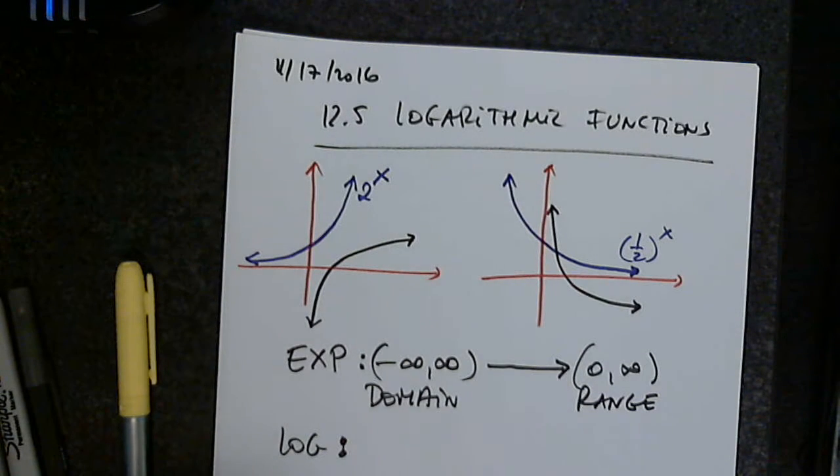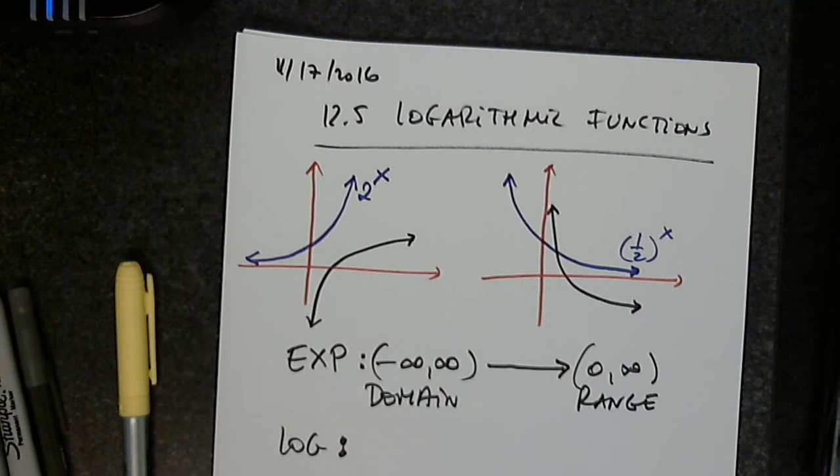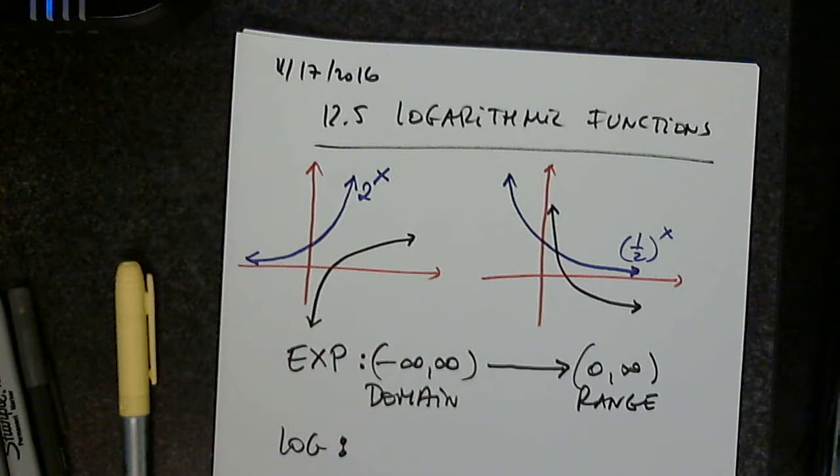Yes, we want to find the domain first. But this is the inverse function of the exponential. If the exponential is defined on all real numbers and gives us 0 to infinity, where do I define the inverse function? One more time. I have negative infinity to infinity, and the answer is 0 to infinity. Where do I apply the inverse function?